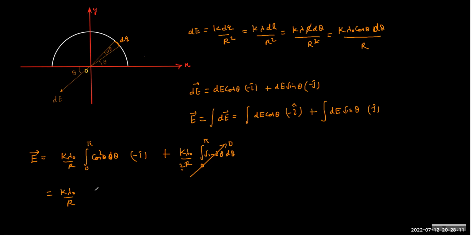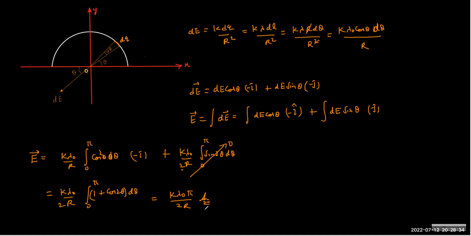You can integrate by writing cos square theta as 1 plus cos 2 theta by 2. And again cos 2 theta integration will become 0. Only pi will be the answer. So pi by 2, your answer is correct. K lambda naught pi by 2r is the right answer.